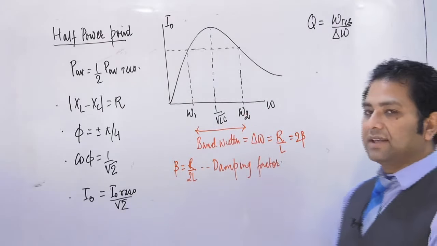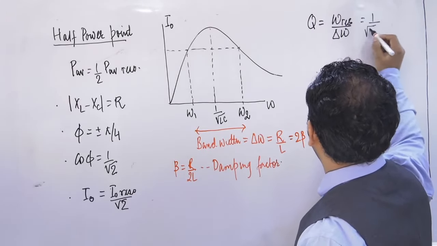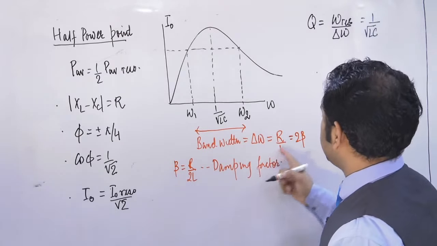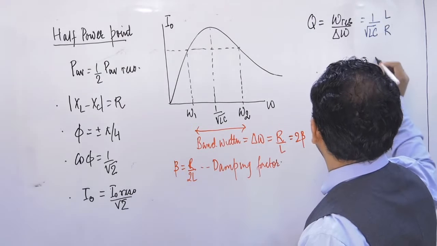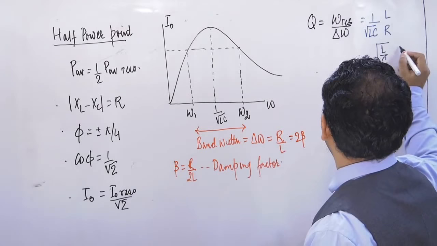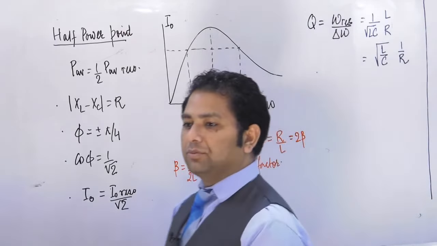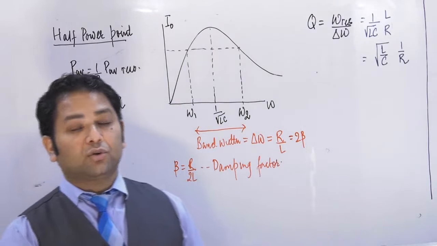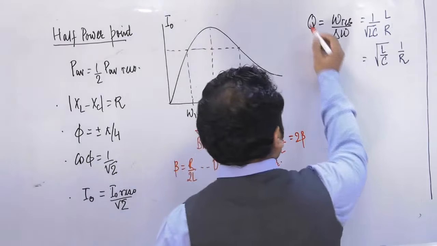This is also the definition of Q factor. Omega resonance is 1 by root LC, and delta omega is of course R by L. So you get under root of L by C multiplied by 1 by R. That exactly matches the previous definition of Q factor that we have talked about.